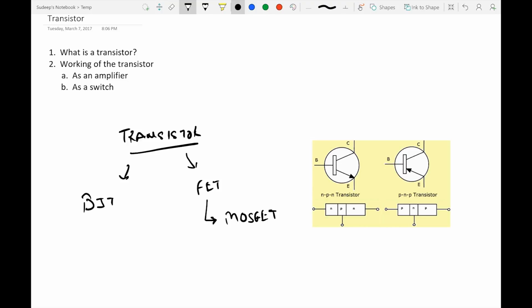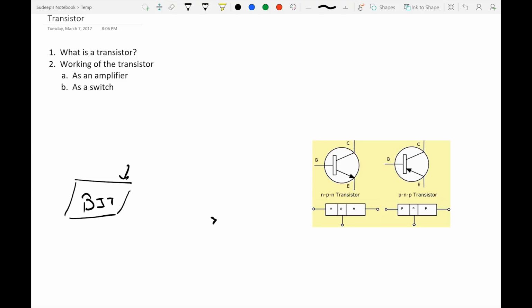This video would cover only the BJT, and the MOSFET would be covered in another video. A BJT is, as I said, a bijunction transistor, which means it has two junctions. A bijunction transistor can be understood as two diodes creating two junctions.